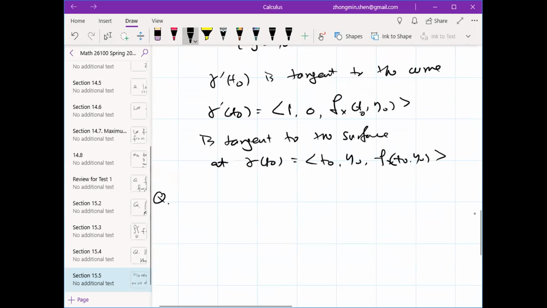Most of the time, I just want to set up an integral, even an iterated integral, to evaluate the surface area. Okay, find the area of the surface.